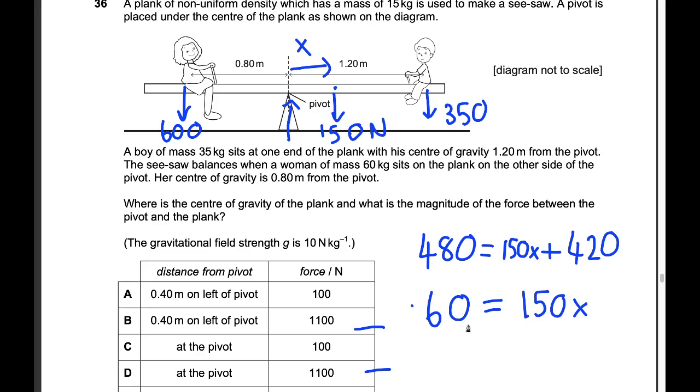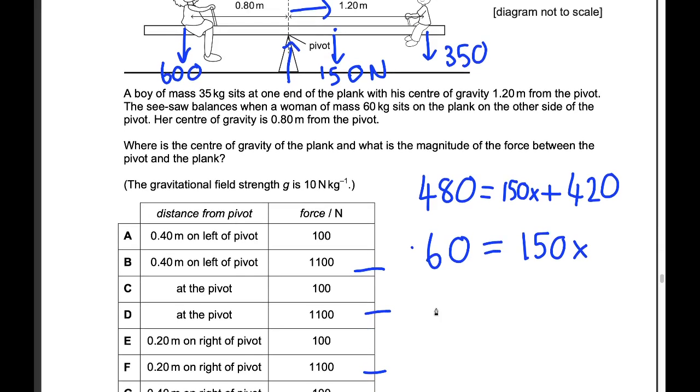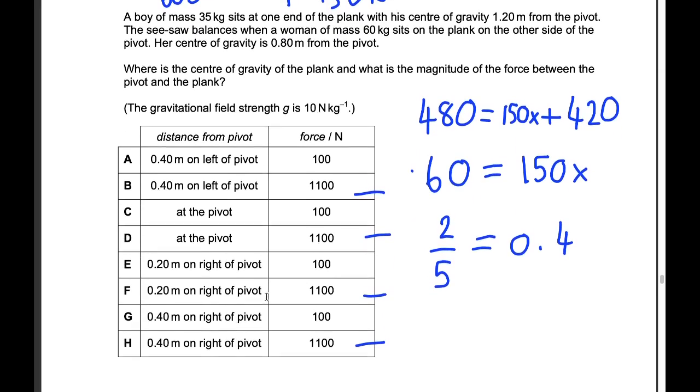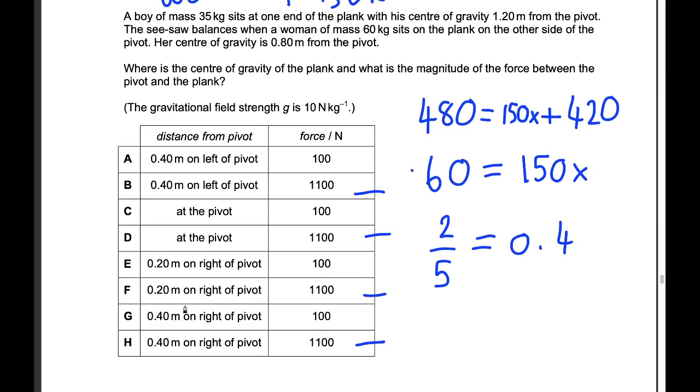So dividing by 150, I can say that is 2 over 5. Yeah, I think that's right. So it'd be 6 over 15, divided by 3 on the top, that's 2, divided by 3 on the bottom, that's 5. So it's going to be 0.4 on the left. Sorry, not on the left, on the right. Okay, 0.4 meters on the right. Okay, is that a possible answer? Yeah, H, last one.